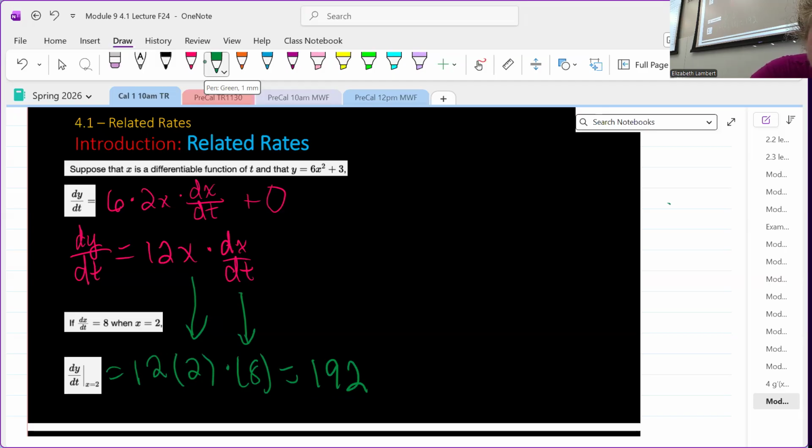I think of the 6x squared as 6 times thing squared. So the derivative of that is 6 times 2 times thing times derivative of thing, which is dx dt. So it's just an added extension of our chain rule. Help or no? It's okay to say no.